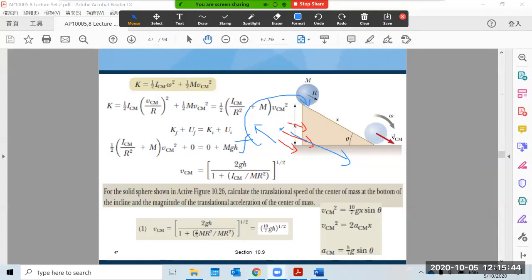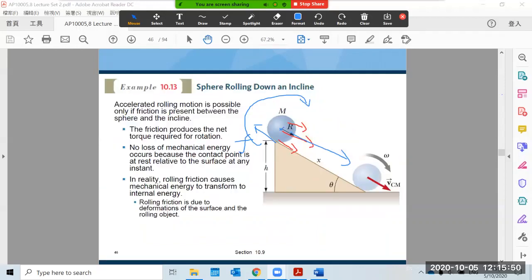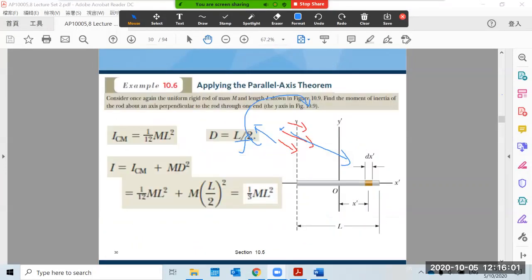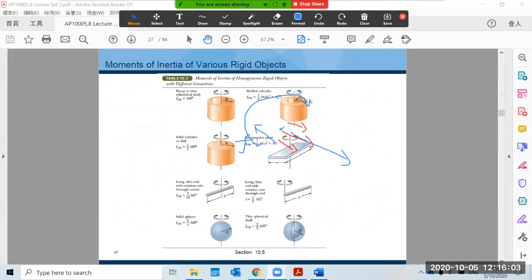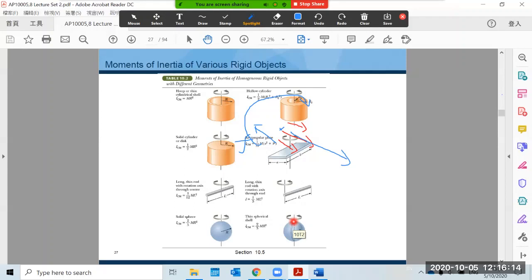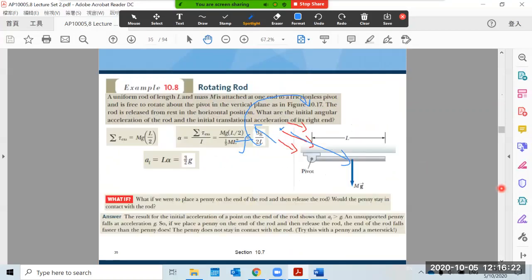It is a solid sphere, so it is 2/5 mr squared. So it refers back to the table of the moment of inertia, this one. We calculated the acceleration.